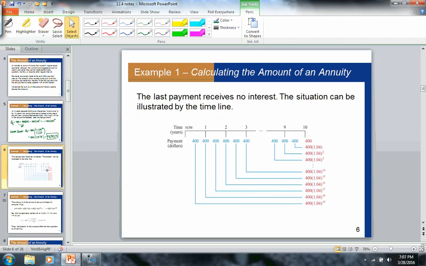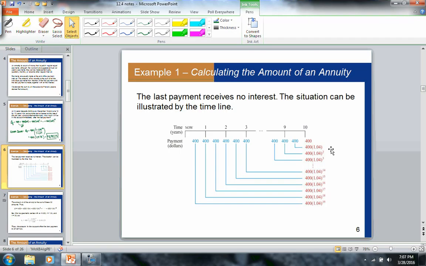So here's a nice graphical way to look at this. Not so much graphical as it is just a drawing, but the book does a good way to describe this. So here he's got his $400 that he's paying. Here's his years.